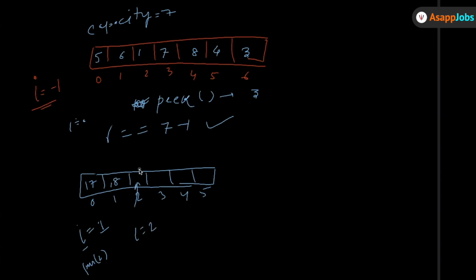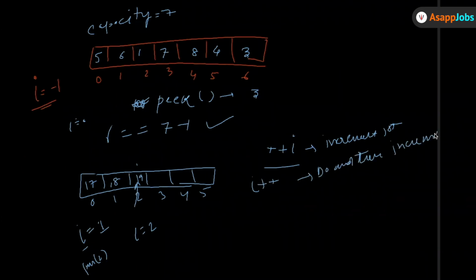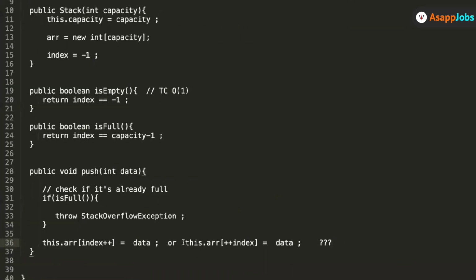I have to store the value of data here, say like 90. So to do this, we do plus plus I, which means you increment first, and I plus plus means you do the operation and then increment. So this is the difference between these two. So I think the second one is right. Very nice.